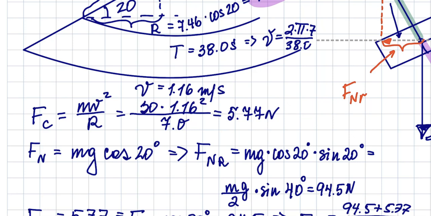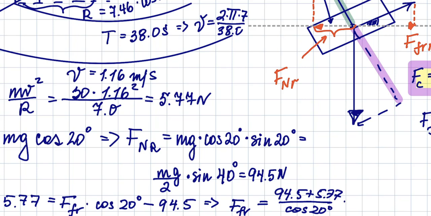And real quick, 94.5 plus 5.77 divided by cosine of 20. 106.7, so 107 newtons. In the book, they actually come up with 106. Oh, well. That's because I rounded a little bit before. Anyway.